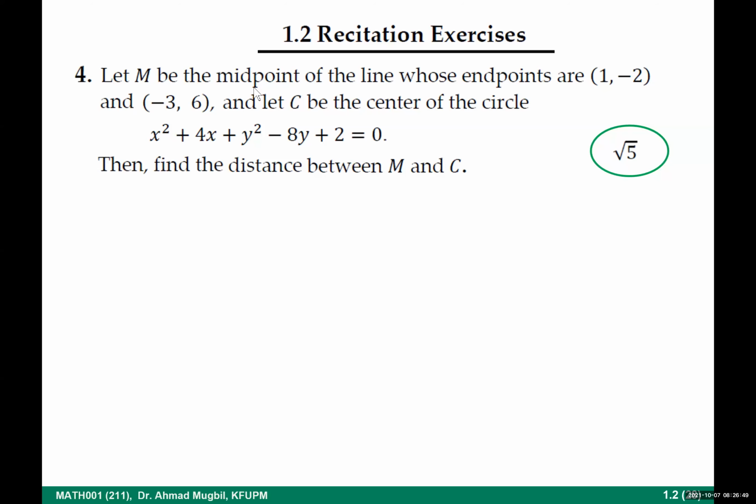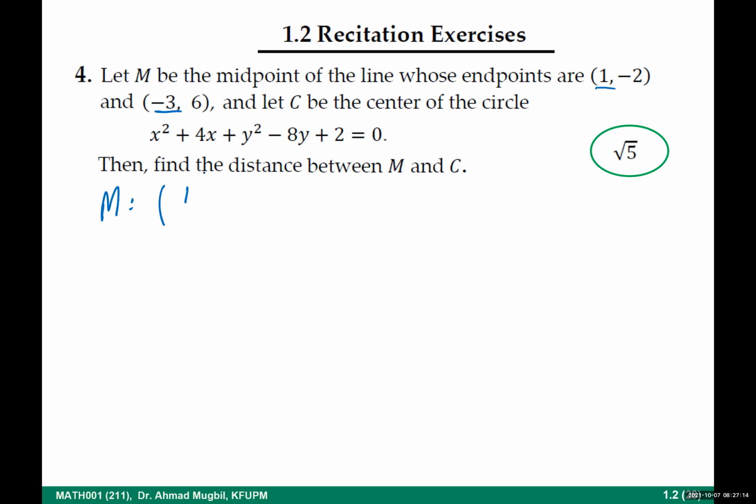Now, let M be the midpoint of the line whose end points are (1, -2) and (-3, 6). Direct. Did you find the midpoint? Yes. This is direct. So the midpoint M will be 1 plus, you can do this plus this or this plus this, whatever you want.